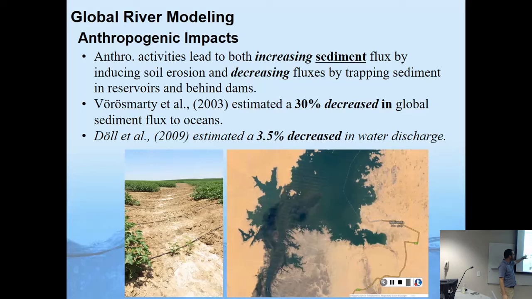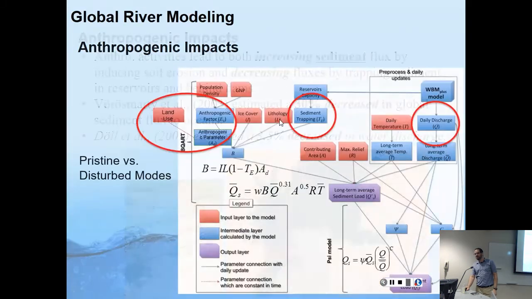Dole and colleagues tried to estimate how much more or less water we get to the oceans from rivers, and they estimate a pretty mild 3.5% decrease in the amount of water that reaches the coast. And that makes sense, because even though you put a dam, that dam doesn't really stop the water indefinitely, although you do use it for irrigation and so on. But the net effect is not that great. At least that's what they estimate.